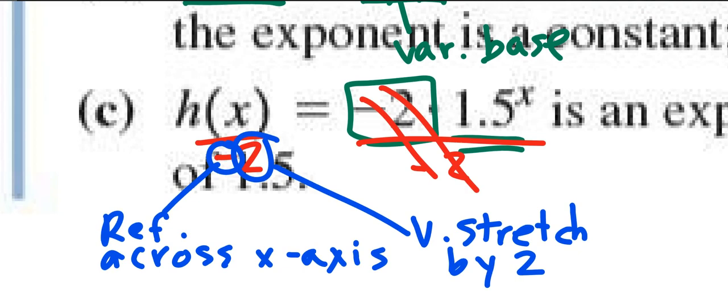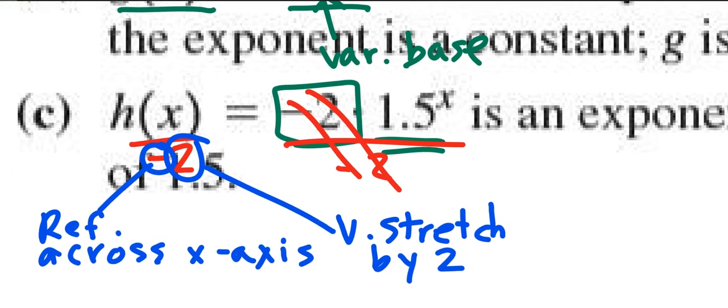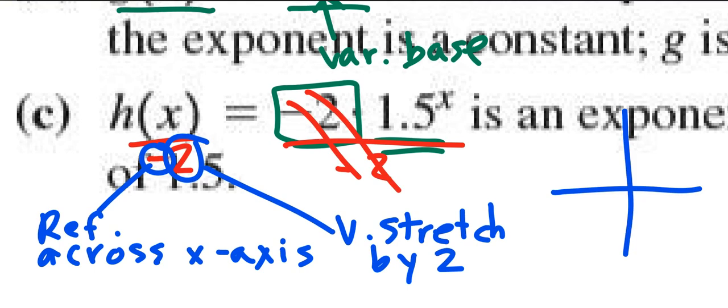What does that mean about the graph? You guys told me that we were dealing with good old exponential growth. But if we know that it's got to have a vertical stretch of 2 and reflected across the x-axis, what's it going to be looking like?